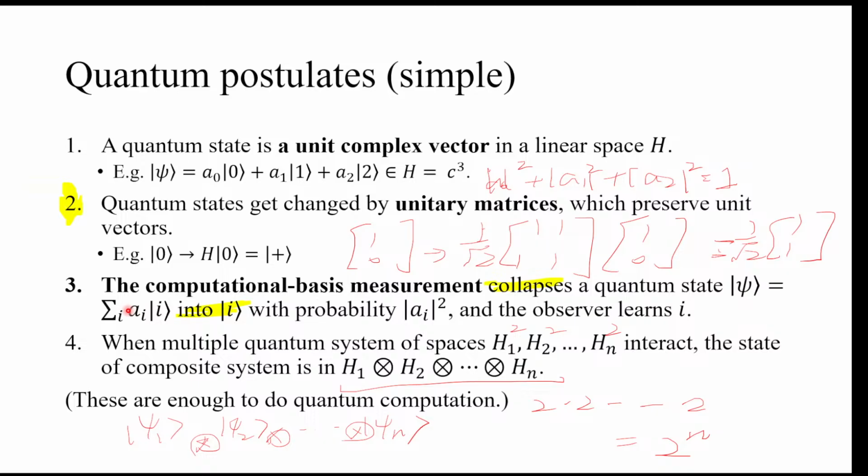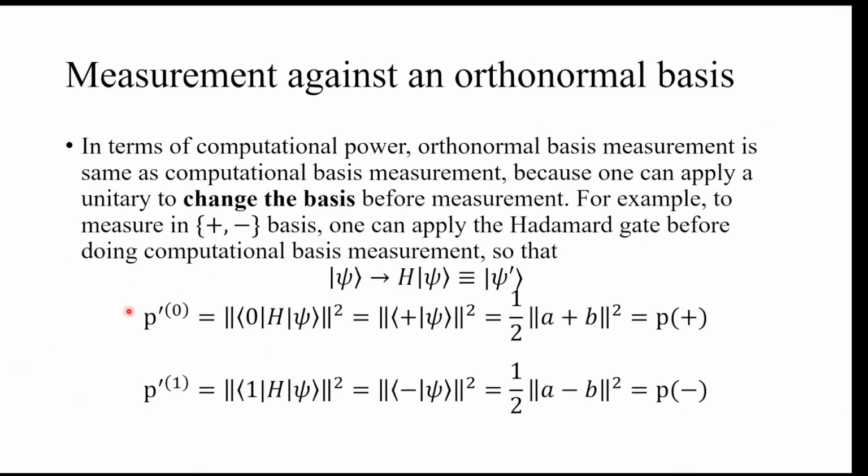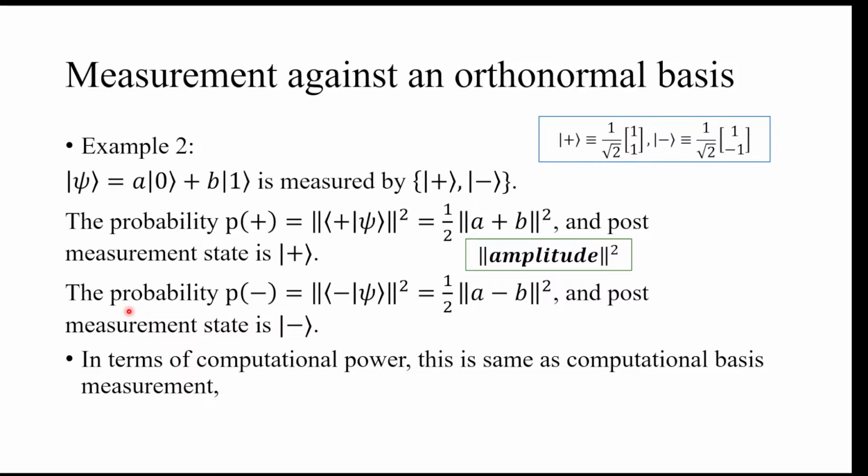Okay, and so for example, maybe it's easier to give an example. If we want to do this plus minus measurement, here is a good time to ask a question. Can anyone answer what unitary we should apply on our vector?